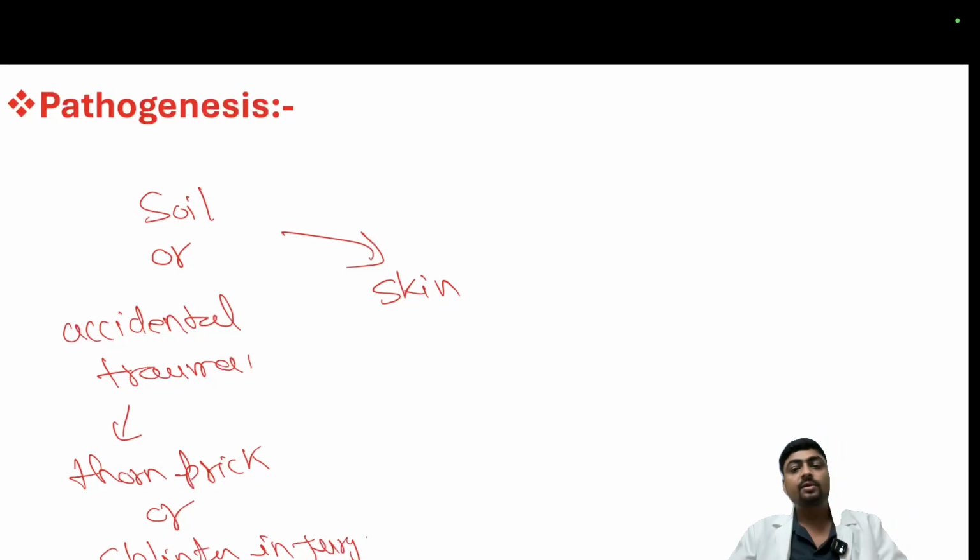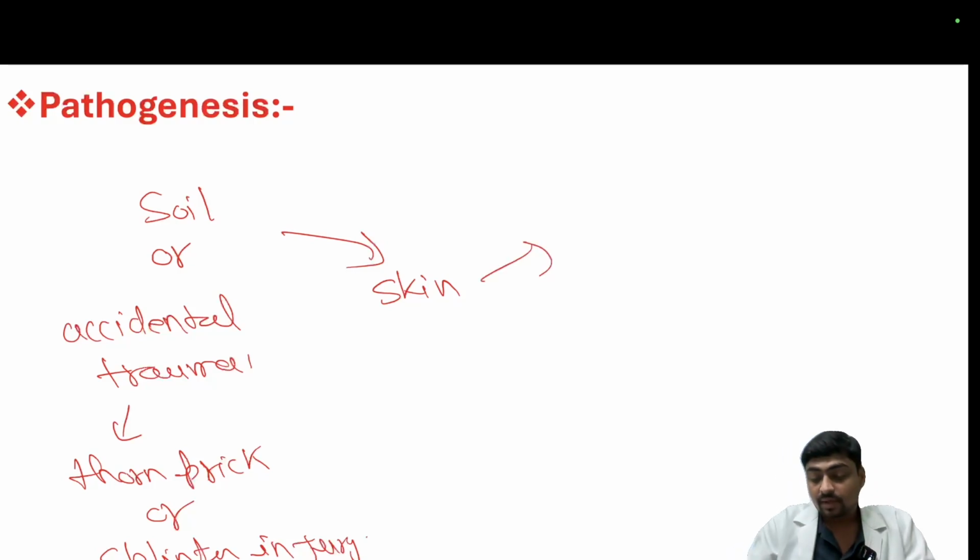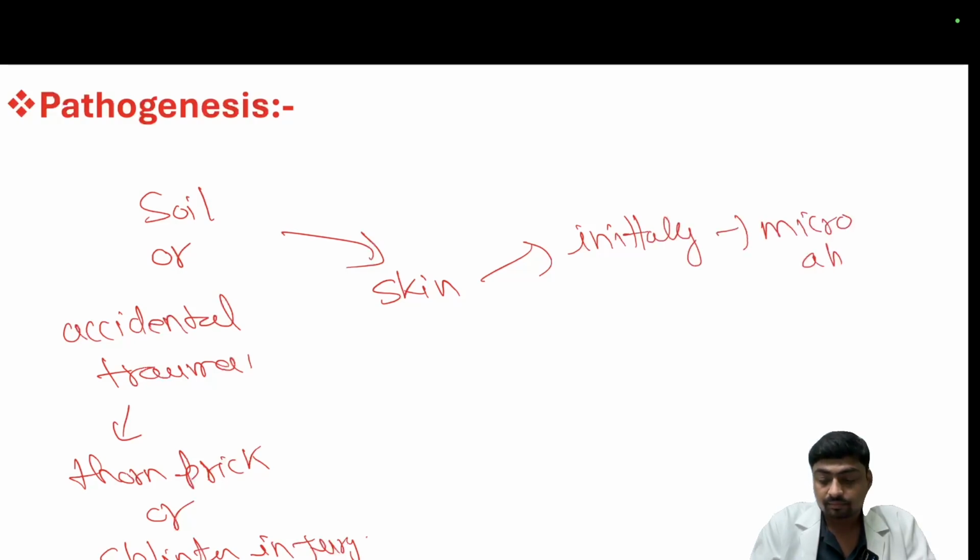After entering into the skin, they initially form microabscesses, and these microabscesses are transformed into chronic granulomatous tissue.